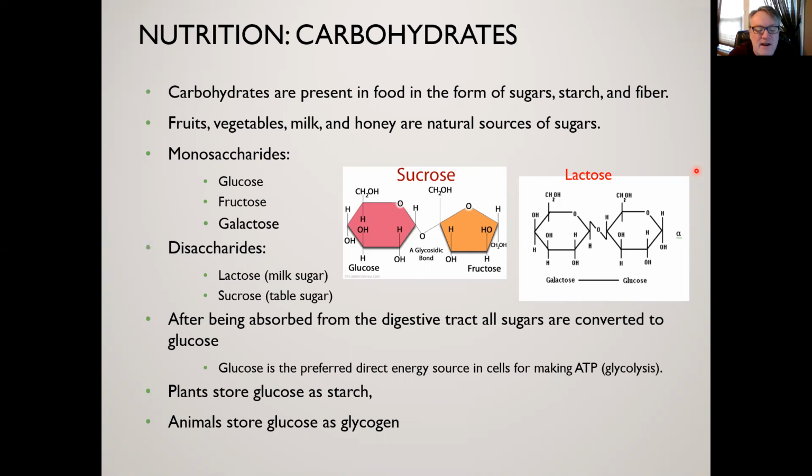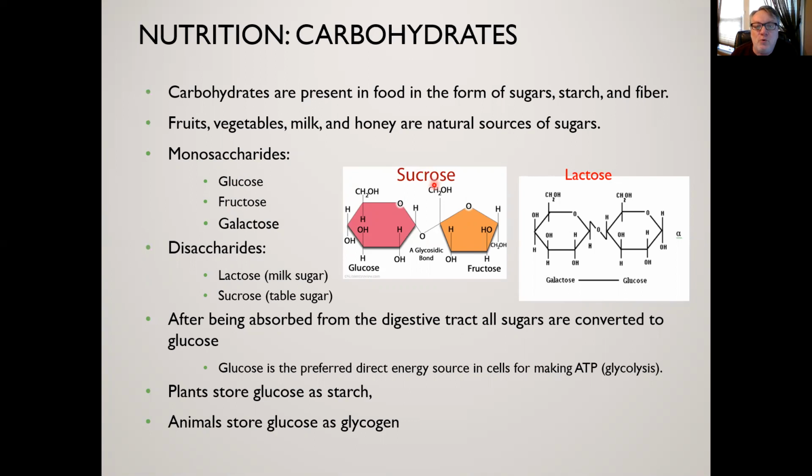The types of carbohydrates that are actually absorbed into the body are only the monosaccharides, which are the building blocks of all other carbohydrates. And so there's three different monosaccharides: glucose, fructose, and galactose. The only one that's really useful by the body is glucose because that's the chemical energy source for making ATP.